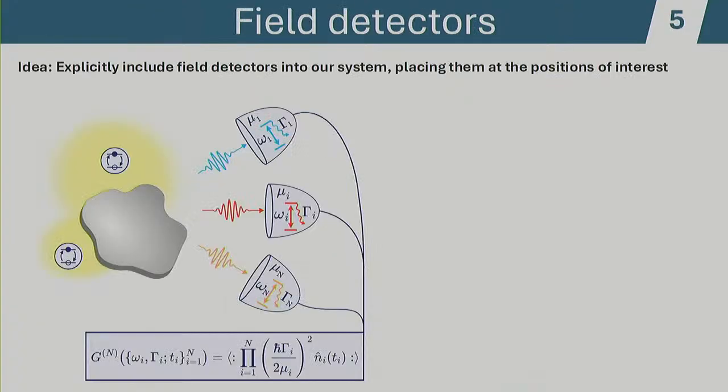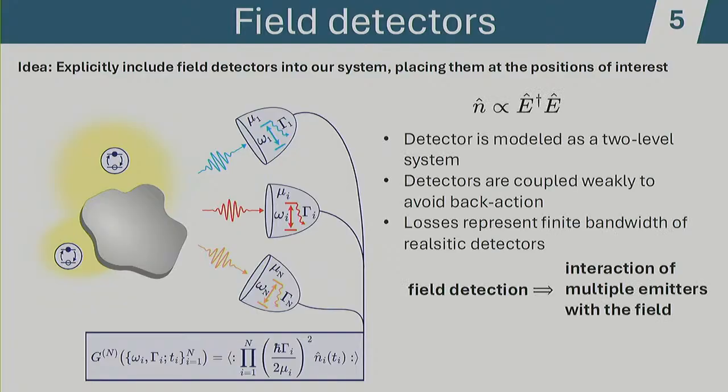For this, we are going to introduce detectors explicitly into our setup, and these detectors we are going to model as just weakly coupled two-level systems. If you then do the algebra, you will see that the population operator of these two-level systems is proportional to the intensity operator in the specific location where we introduce them.